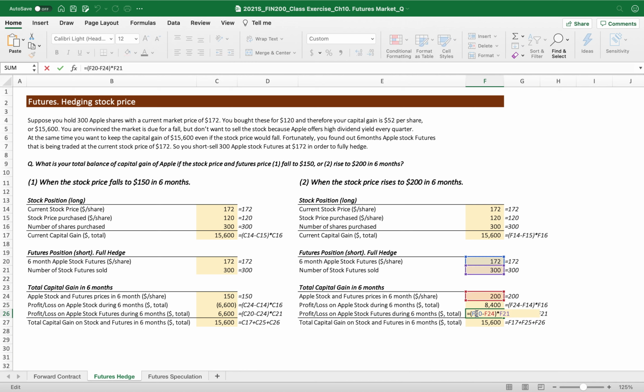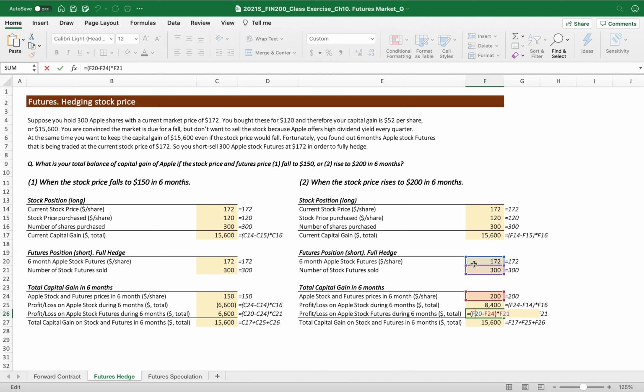But we lost on the futures short sell position. The short sell position means that even though the market price went up to 200, you have to sell the futures at 172. So we lose this $28 per future.